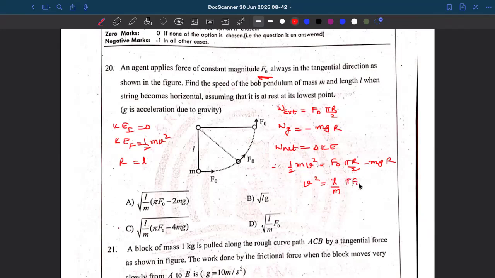Pi F0 minus 2mg. So therefore, V is under root L by m times (pi F0 minus 2mg). So A is the answer.